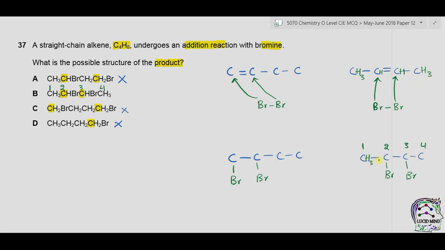So we have CH3, CH, again CH, CH3. We can also write this product as CH3, then this CH, then Br, which is a substituent, then CH, again Br, then CH3. So this is similar to this one. Correct answer is B.